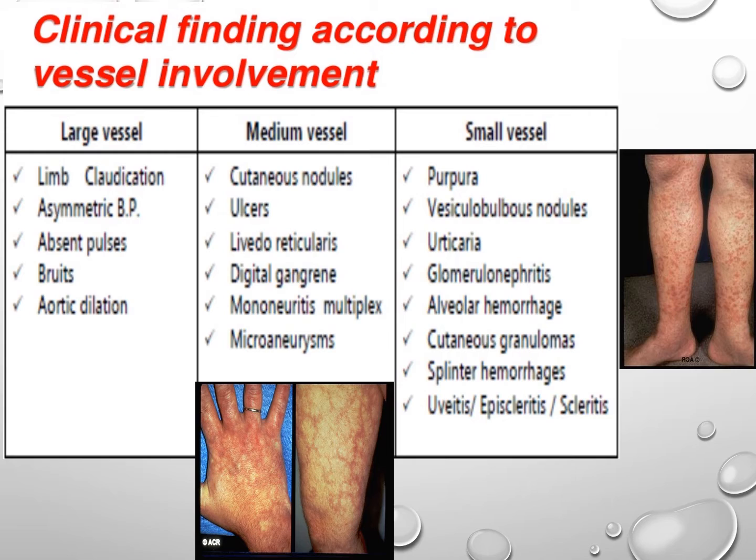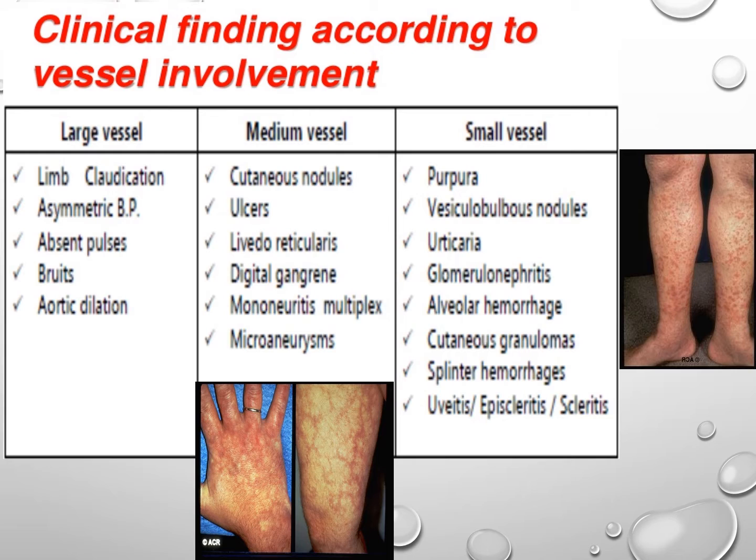So now I have my problem list. I have ruled out mimics, and then I should categorize my patient according to his manifestations into a category of suspected vasculitis. If my patient's complaint and findings relate mainly to limb claudication, asymmetrical or absent pulses, or imaging related to aortitis, I will think mainly of large vessel vasculitis.